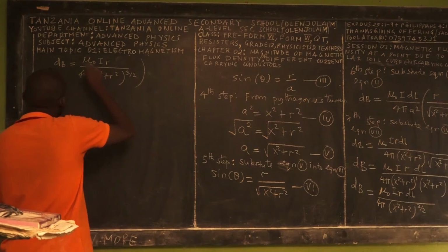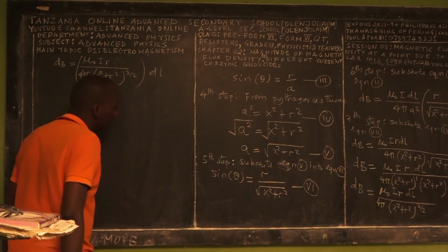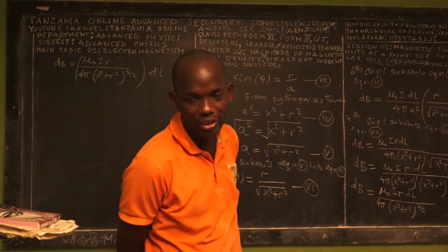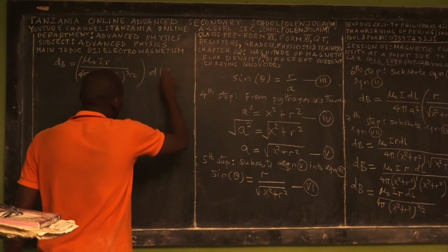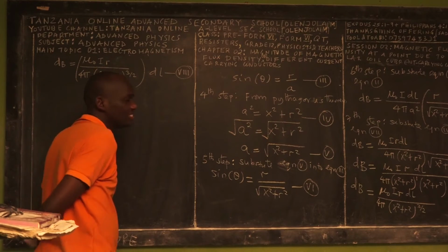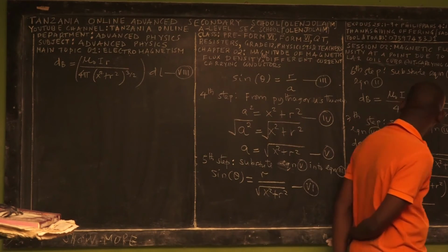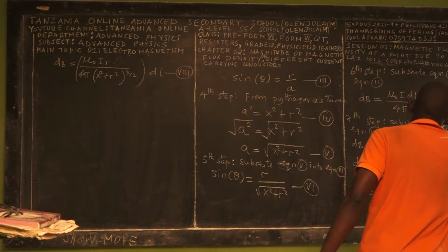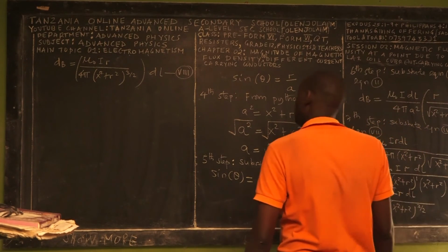And then, all of this expression we have to multiply with a small change in length of the conductor. So ladies and gentlemen, wonderful students of the Form 6E, this will make equation 8. Not equation 9, this is equation 7. So that will make equation 8.